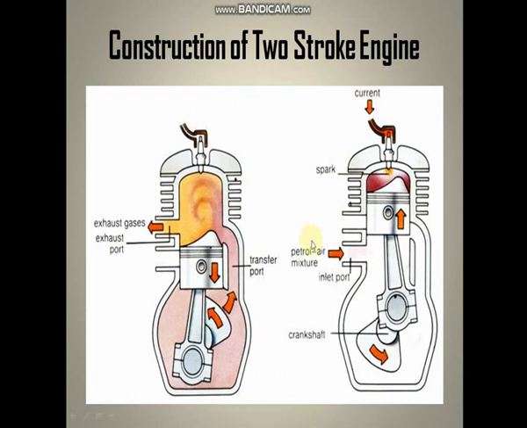So that's why the maximum amount of air fuel mixture will enter through the intake port, and due to the upward movement of the piston from bottom dead center to top dead center, it uncovers the inlet port.